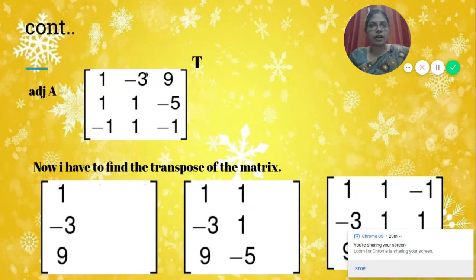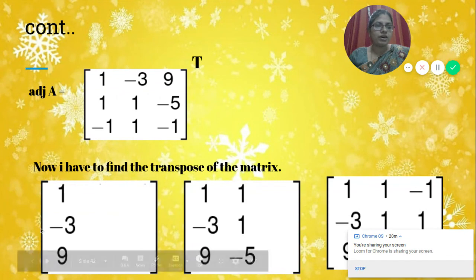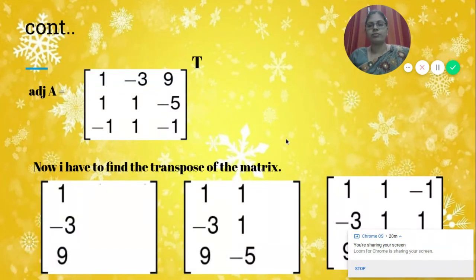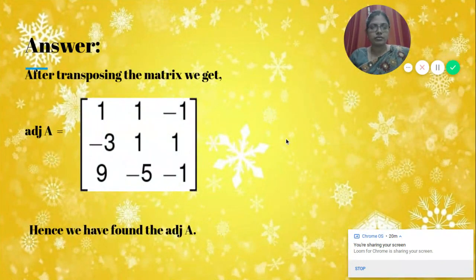I'll repeat it again. To transpose a matrix, we have to write the first row in the first column, the second row in the second column, and take the third row and write it in the third column. Now we have found the adjoint of A.